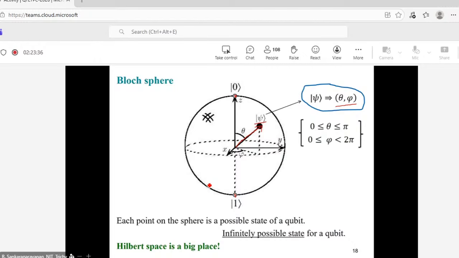So from this pictorial geometrical representation, we understand that there are an infinite number of points on a unit sphere, which means you can think of an infinite number of possible states to represent the state of a qubit. Okay. So in that sense, Hilbert space is a very, very big place. Unlike the two possibilities, 0 and 1, in the classical bit, the qubit can have an infinite number of possibilities. So here itself you see the difference between the classical bit and the quantum bit. Okay.